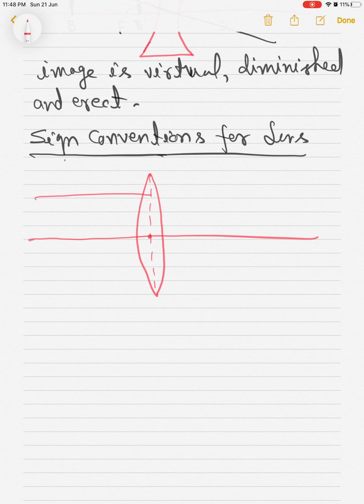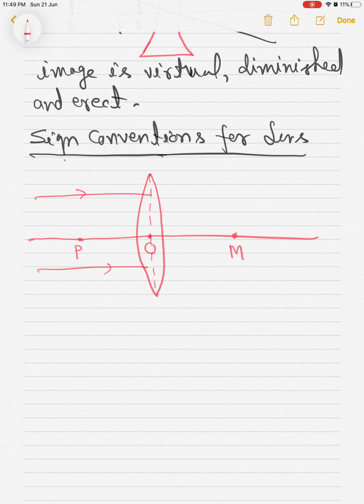Suppose this is the incident ray and we are measuring the distance, with names O and P. Then OP is opposite to the incident ray. So, the OP distance will be taken as negative, and when the distance is measured in the direction of the incident ray, it will be positive. So, distance OM will be taken as positive.